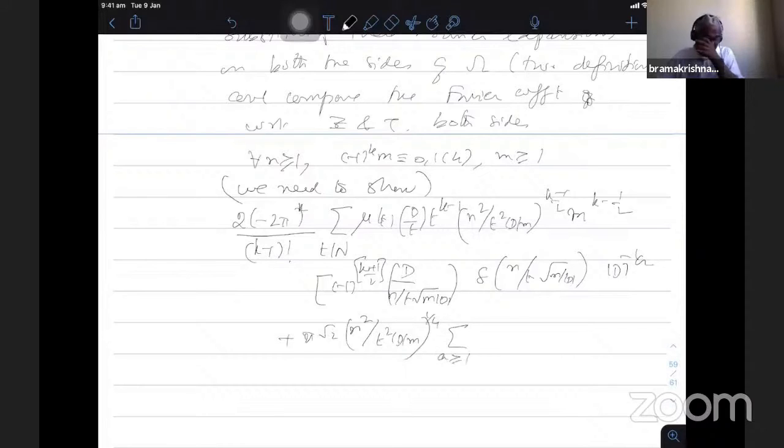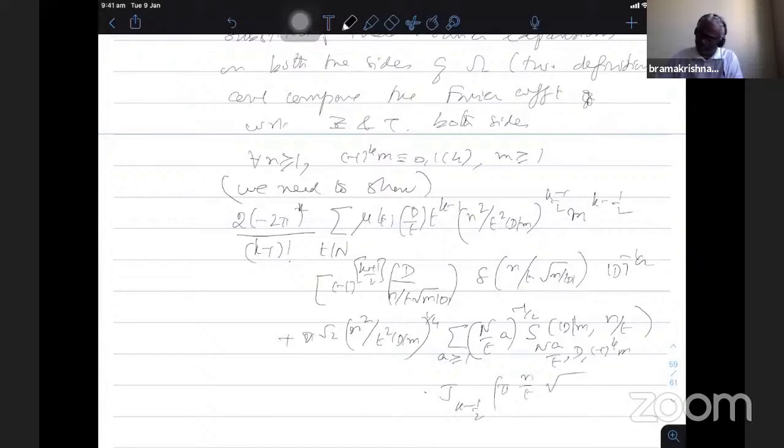So that n by t dividing a is denoted as a. I just replace a by n by t a and write it. So yes, n a by t, d minus 1 power k m, mod d m n by t, into the Bessel function J k minus half, pi n by t square root of mod dm by na by t.